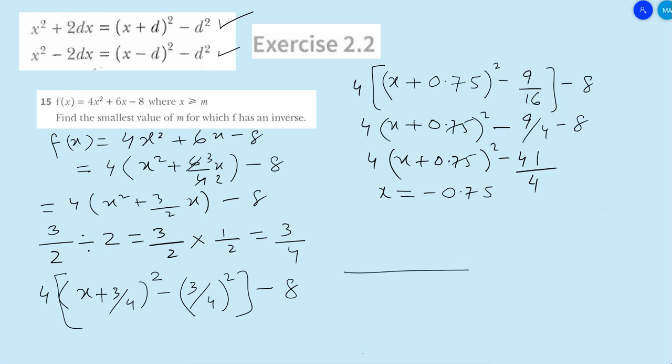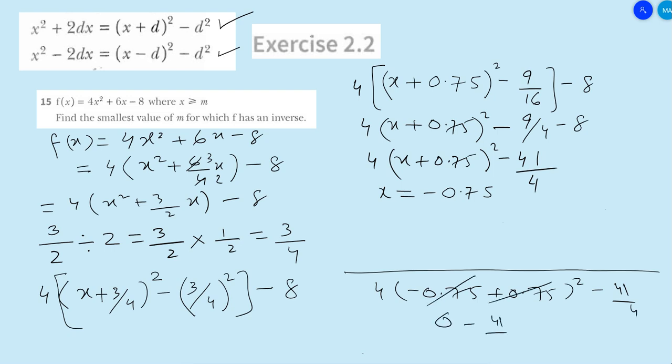So for this value of x, we will get −41/4 as the answer. Okay, I am showing the working. Put 4 into (−0.75 + 0.75)² − 41/4. We can cancel this. The answer is 0. 0 minus 41/4 is −41/4. So x means m, because in the question x is greater than or equal to m. So m must be −0.75.